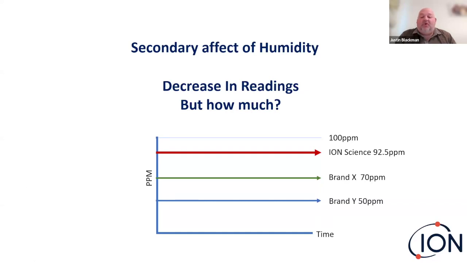So the question really is, now I know there is this secondary effect due to humidity, which would I rather use? An instrument that drops lots of signal or one that drops less? So the important thing is knowing about it. If you don't know that there's any secondary effect due to humidity, you might think your readings are perfect, but now you can do some tests. You can take that into account.